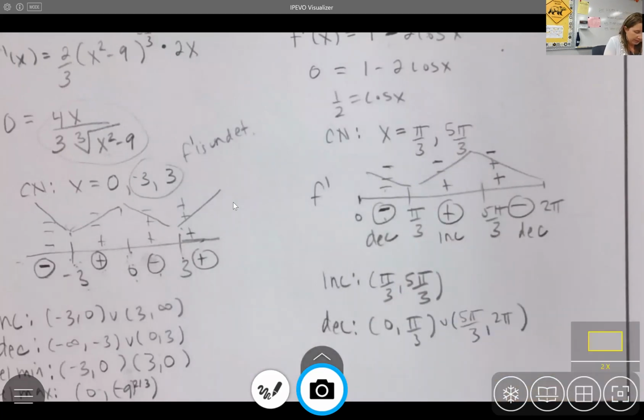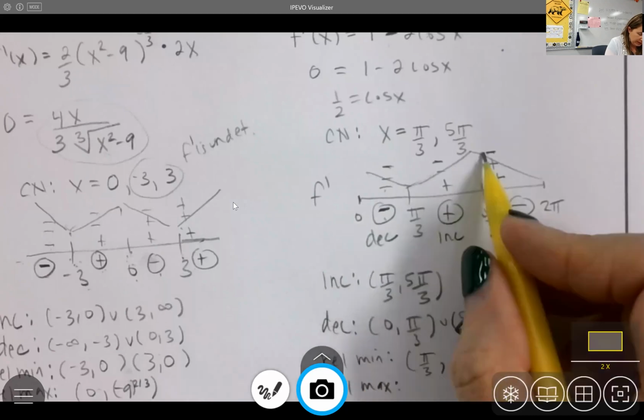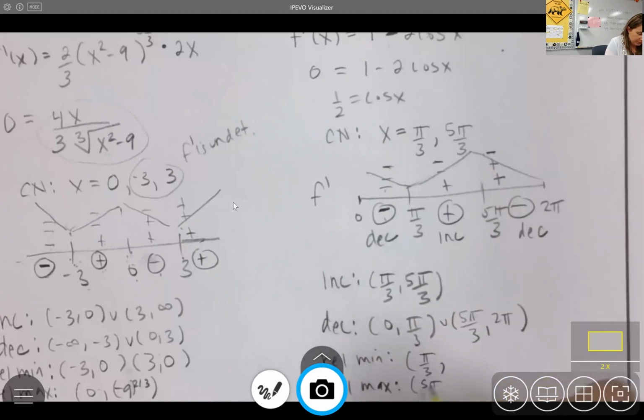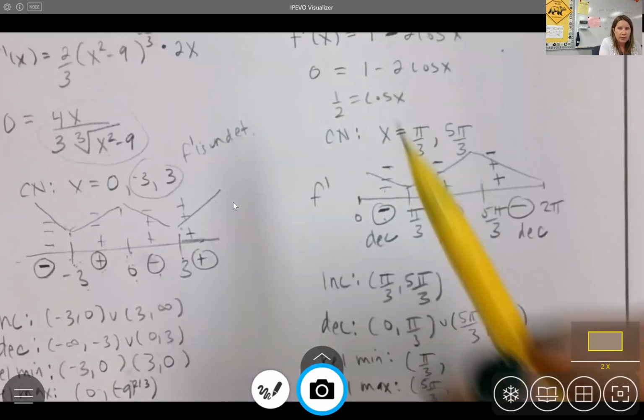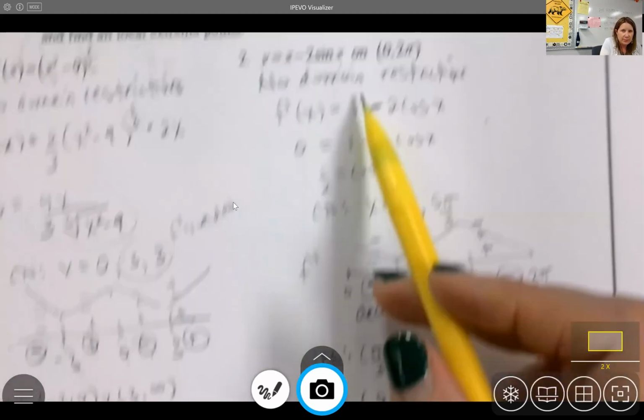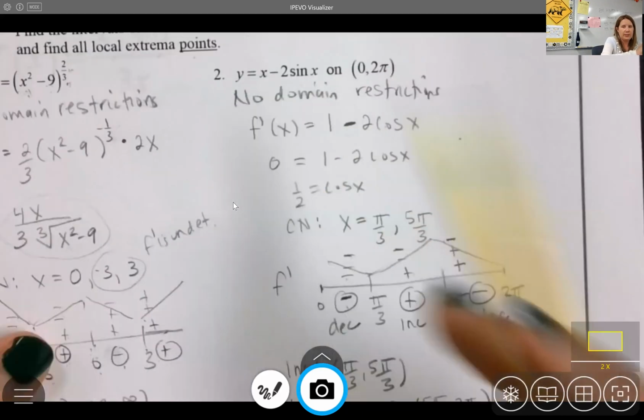All right, so now I have to do the relative min and the relative max. The relative min is going to be at pi thirds, and the relative max is going to be at 5 pi thirds. And then I have to plug that into my original function, x minus the sine of 2x.